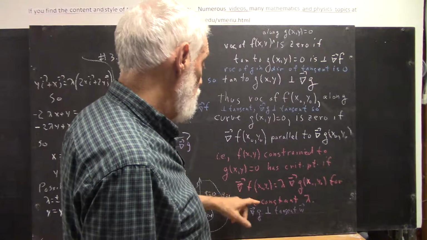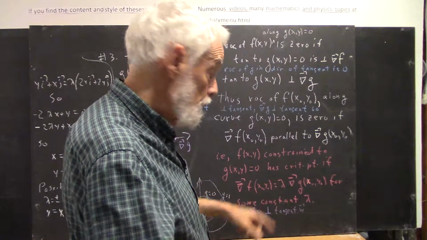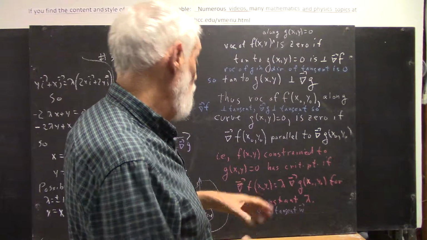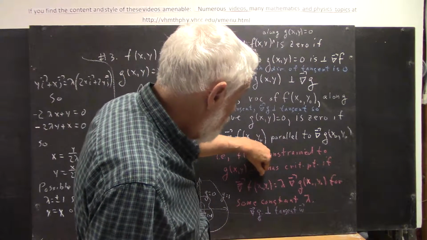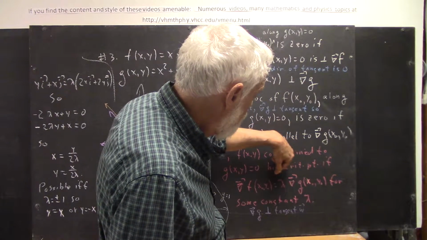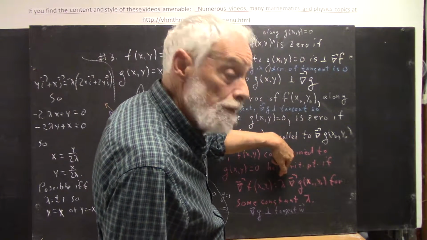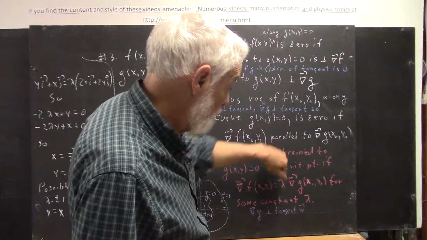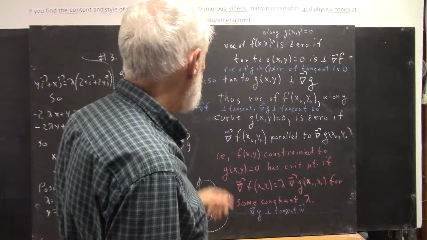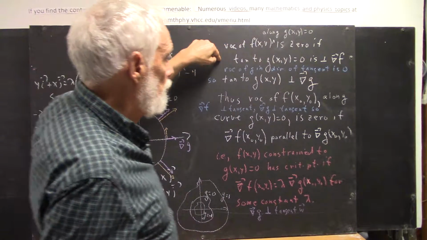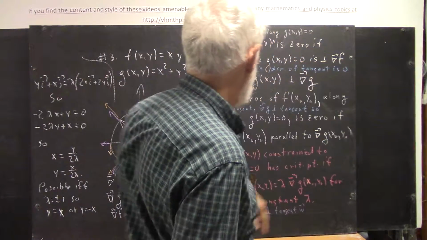So at the point x naught, y naught, where you're considering the possibility of a maximum or minimum, del f has to be parallel to del g. Del f has to be a constant multiple of del g, and we let lambda be the constant multiple. Reading this in a little more detail, the tangent has to be perpendicular to del f.